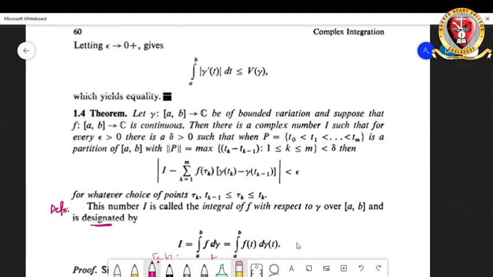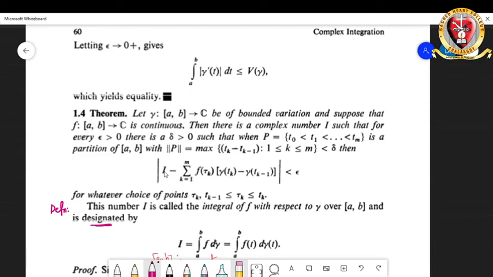So what this theorem actually gives us is the definition of the integral of a function with respect to a function, and this function you usually denote by some path. We are saying how we can define that integral, how this integral comes into the picture. So let's see how we can prove it.